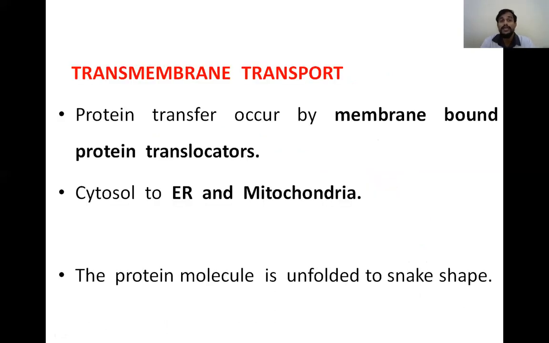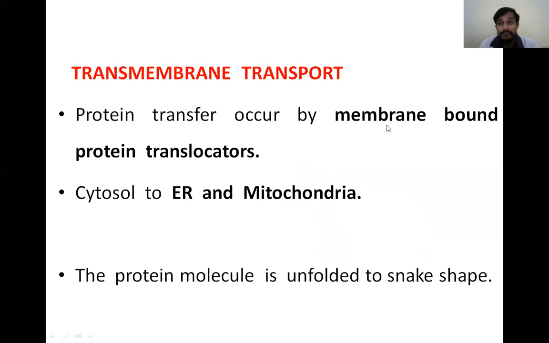Coming to the second one, the transmembrane transport. The protein transfer occurs by membrane-bound protein translocators. This generally occurs in the translocation of proteins from the cytosol to the endoplasmic reticulum and from the cytosol to the mitochondria. The protein molecule is unfolded into a snake shape. That means the initially highly coiled protein will become straight for entering into the membrane. So this is known as transmembrane transport.